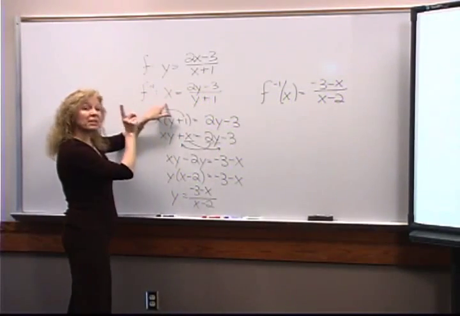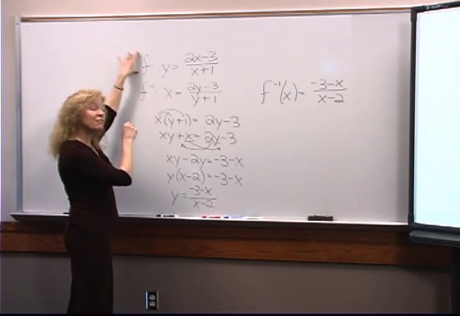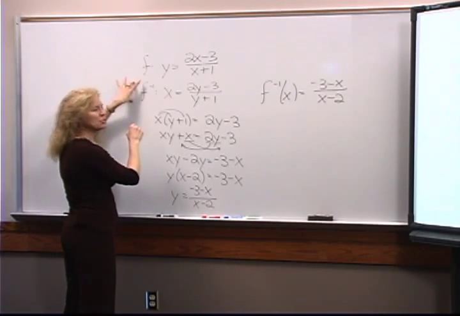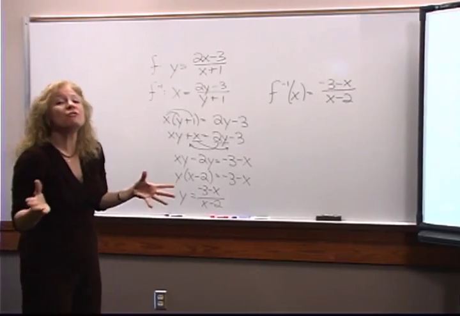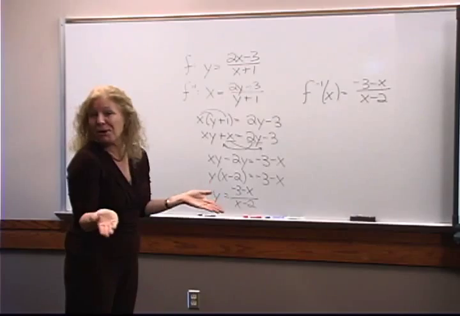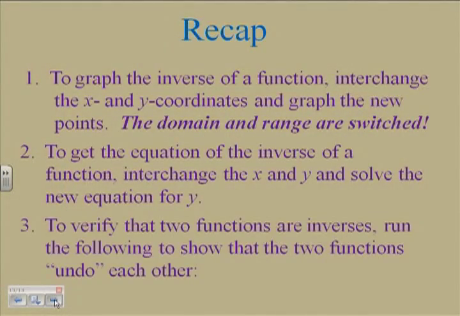To get the equation of the inverse, you're going to interchange the x's and y's. Now, remember that I strongly encourage you to pay attention to what's my original function, what's my inverse. Because otherwise, you get x's and y's just floating everywhere, and you forget which direction you happen to be going, okay? And then, lastly, now I have people try to bypass this and go different ways.